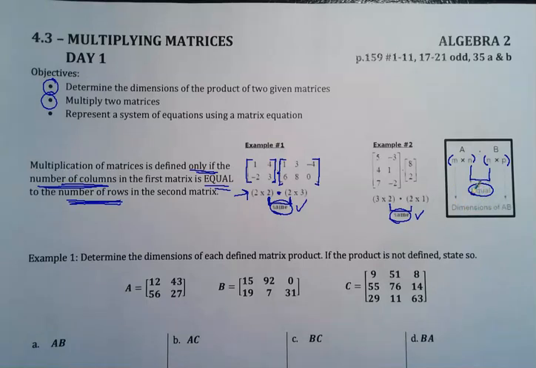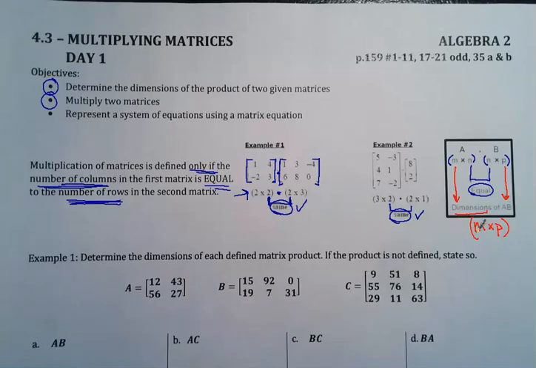The other cool part about this, we hadn't brought up yet, is that the numbers on the outside, so this m and this p, they will make the dimensions of your product, so of the matrix A times B. So an m times p will be the dimensions of your new matrix. So that may not make sense just yet. That's always how it goes, right? It doesn't always make sense at the beginning, but we're going to make it make sense.